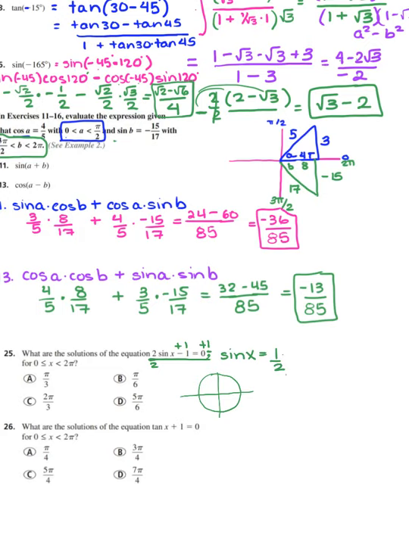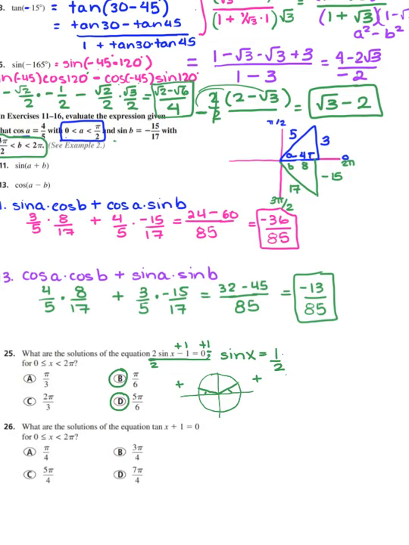So remember, sine goes with your y values, and y values are positive here and here. So you will find that they will have the same reference angle, and it should be at pi over 6 and 5 pi over 6. So this would work, and that one would work. Those would be your two answers for that.